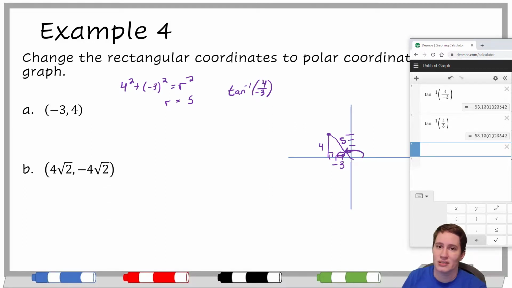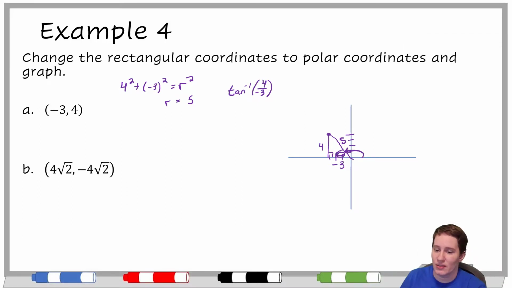But what we need to realize is what this is actually telling us anyway. The angle that's 53 degrees is this angle inside right here. That's what we found, that's 53. So in order to actually figure out what the angle is to get around to that, we actually need to do 180 minus 53.13.